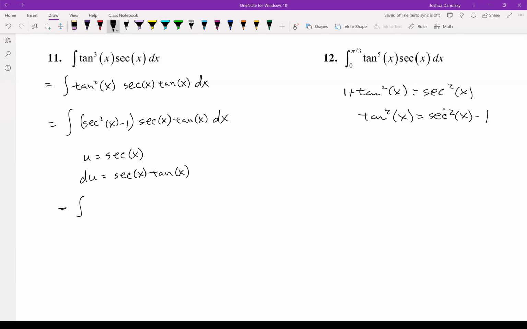And so now our integral becomes u squared minus 1 du, right? We replaced all that with our du, and here's our u squared minus 1. Integrating, we get 1/3 u to the 3rd minus u plus c. 1/3 secant cubed x, I should say, minus secant x plus c.